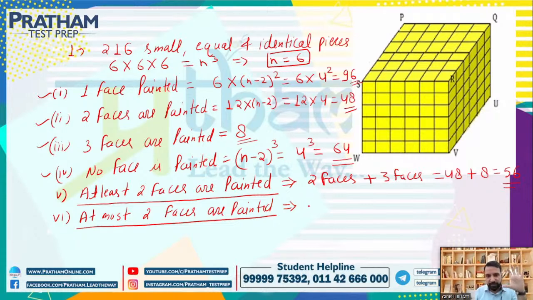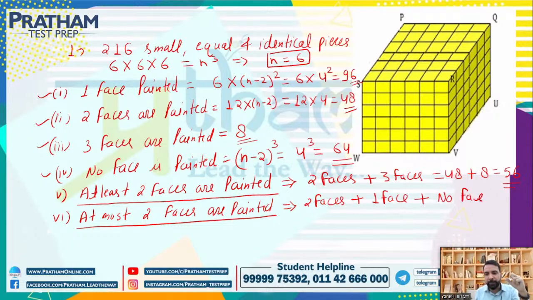So we have 2 ways. One is 2 faces. It cannot be more than this, but it can be less. Plus 1 face. And many people stop here. Now we have one more, that is 0 face, or we can say no face is painted.